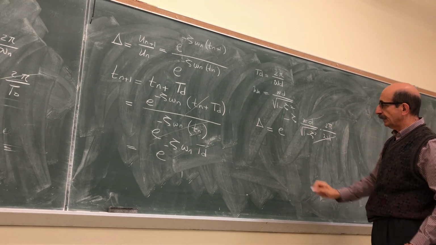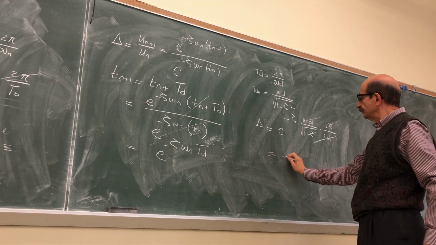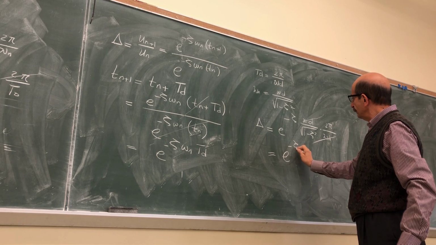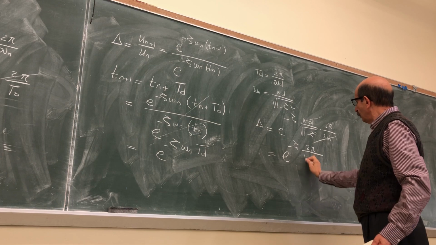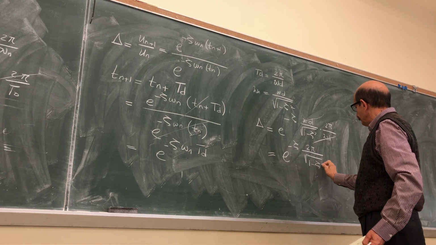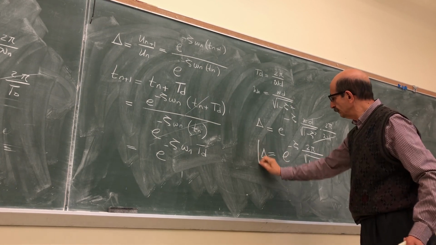The omega d cancels out. So delta becomes e to the minus 2 pi zeta over square root of 1 minus zeta squared.